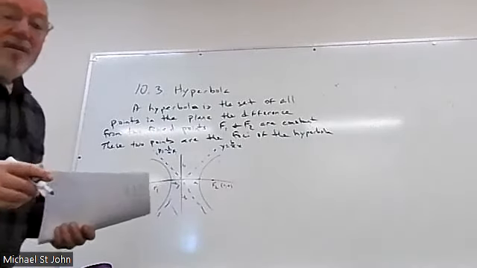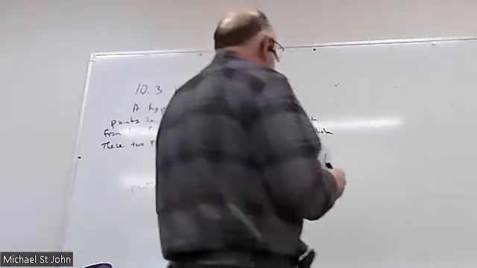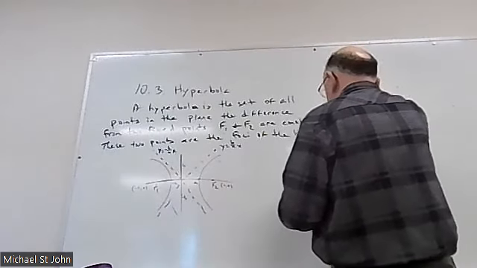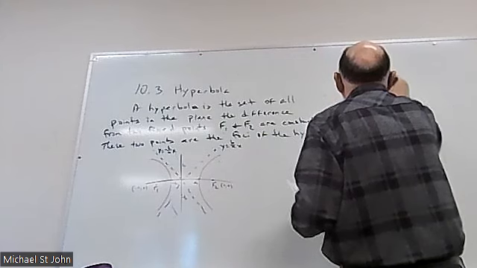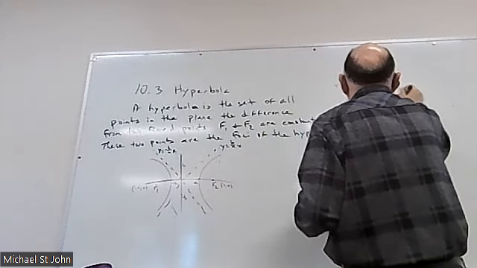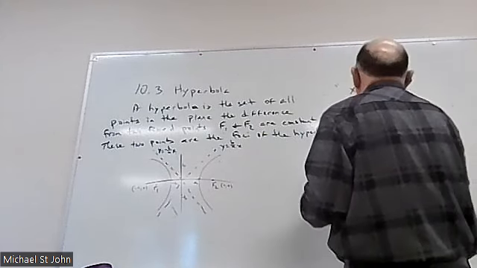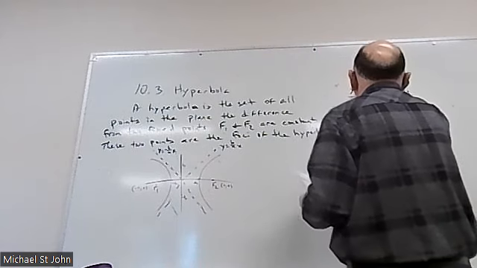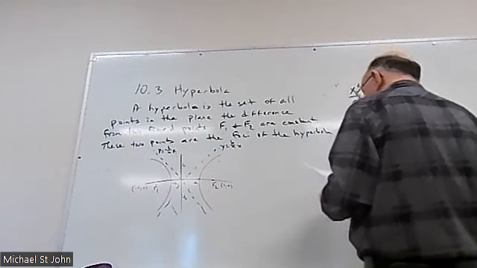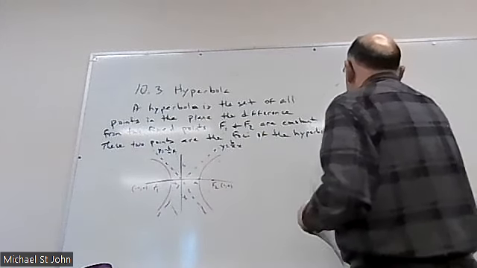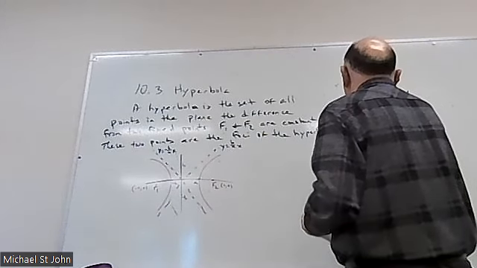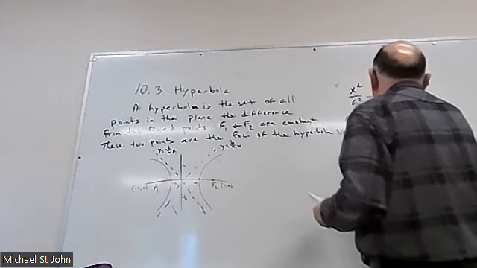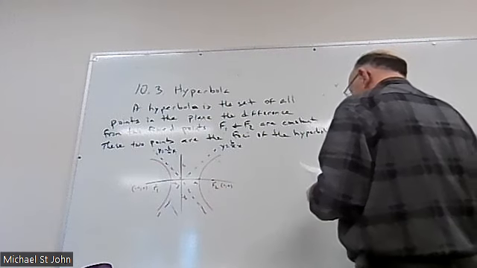And again, let me write the 2 types over here. We've got x squared over a squared minus y squared over b squared equals 1. A is greater than 0, and b is greater than 0. The vertices are given by plus or minus a, 0.